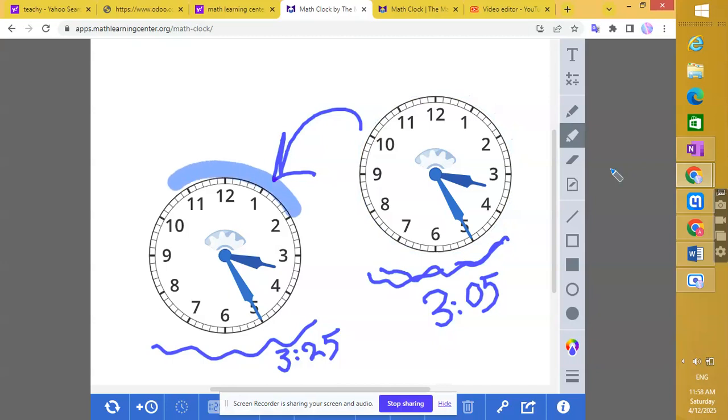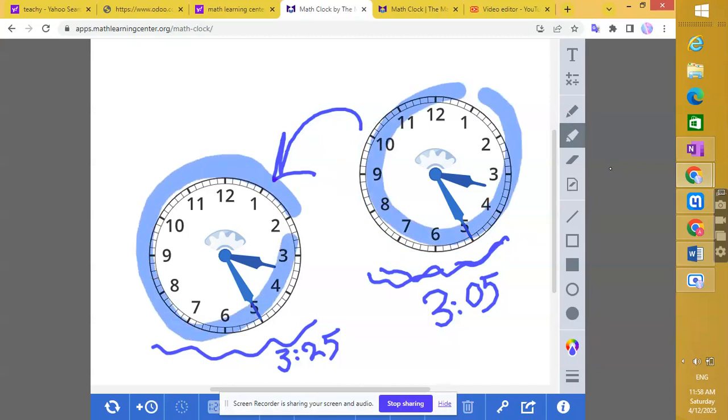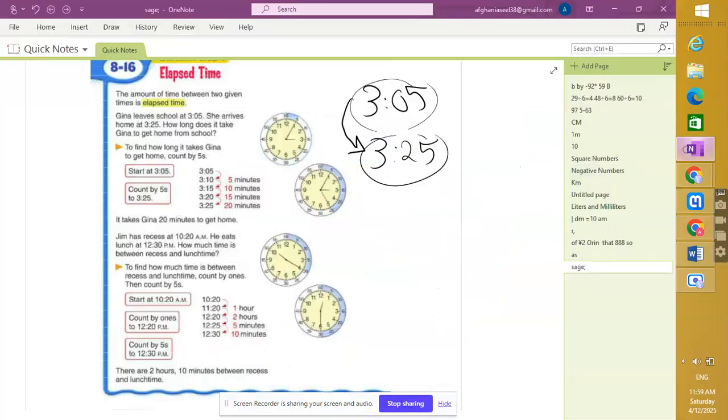We made this time like the required time, which is the time of arriving home. So it's 3:25. How many minutes did you need? Let's check it again. From 3:05, I moved for 5 minutes, another 5 minutes, which are 10, another 5, 15 so far, another 5, we have 20 minutes exactly.